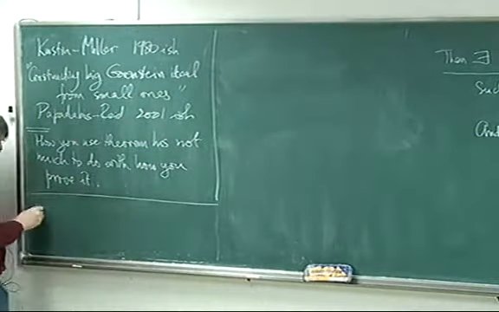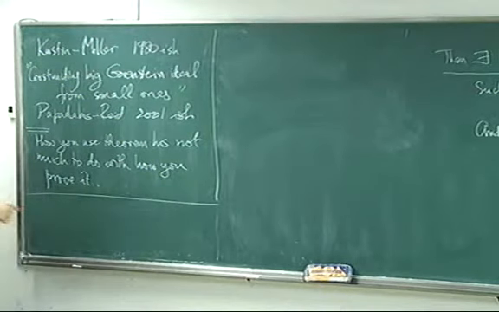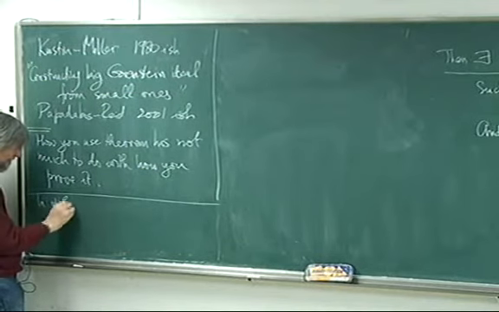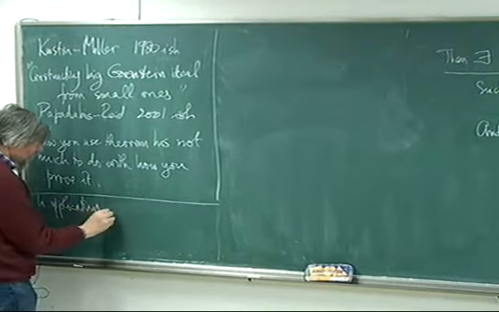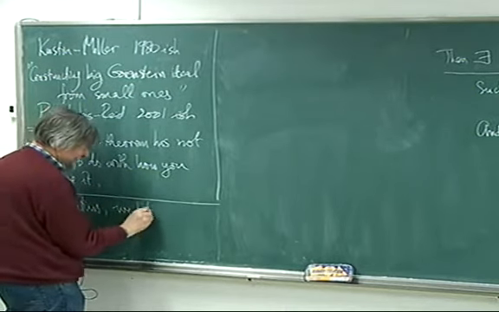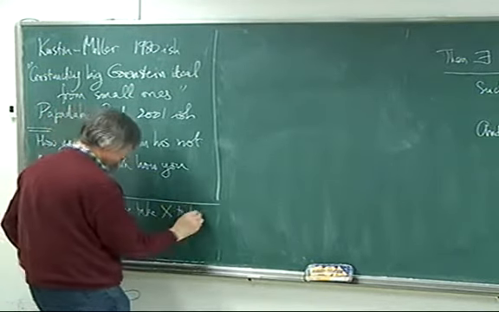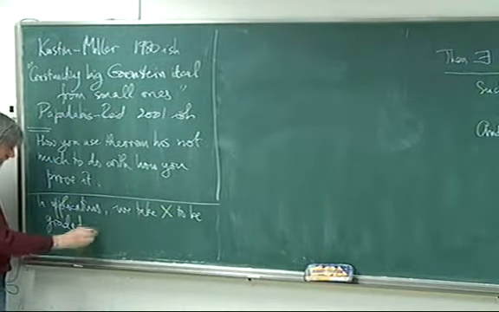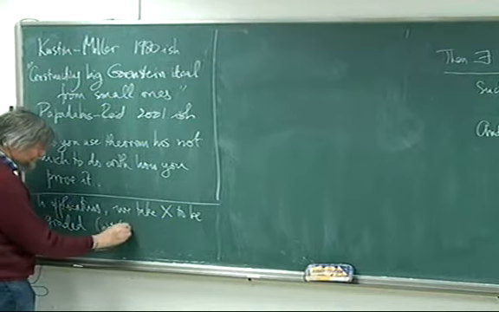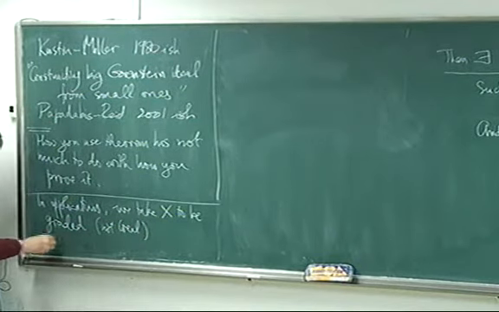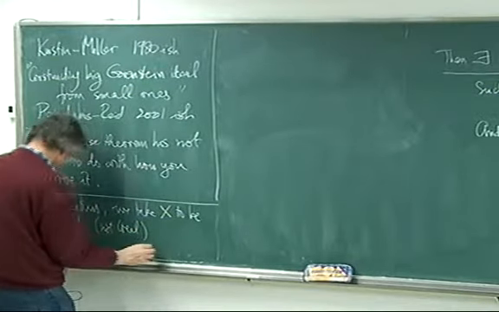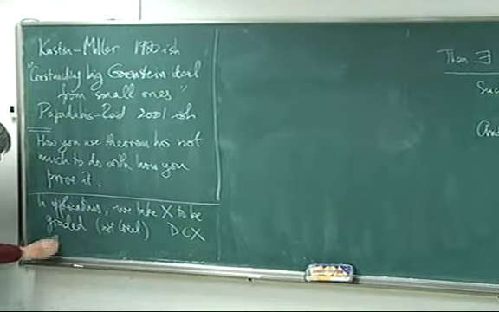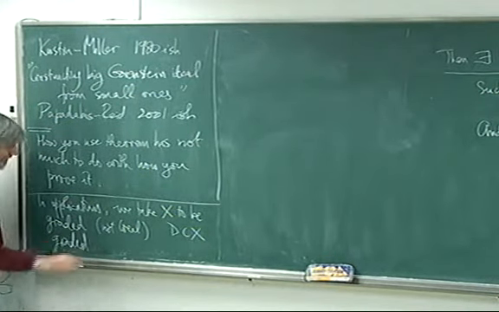In almost all the applications today, and in the applications in 2 weeks' time, we take X to be graded, so not local. And then we take D in X, and both are graded, and again not local.